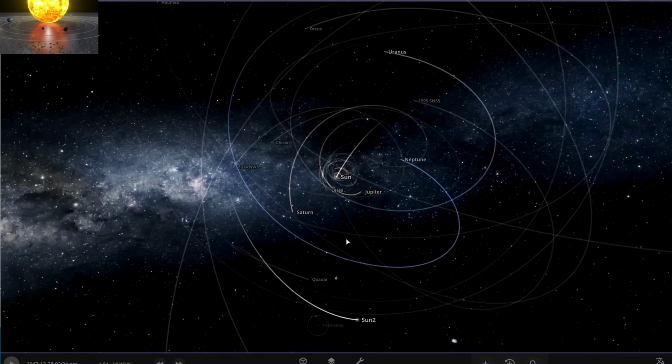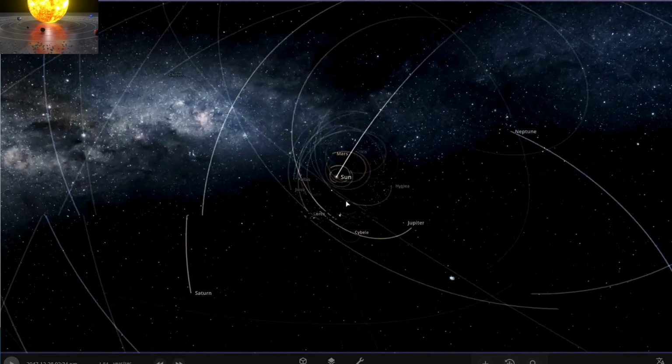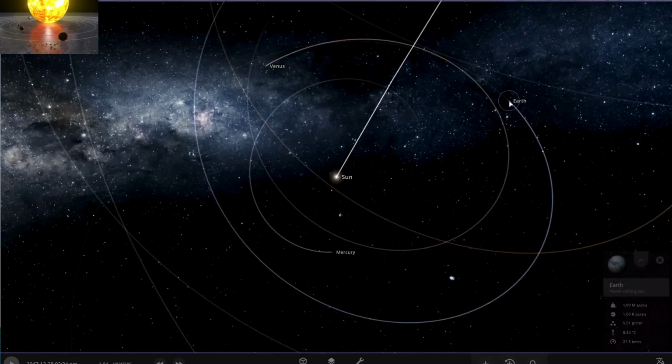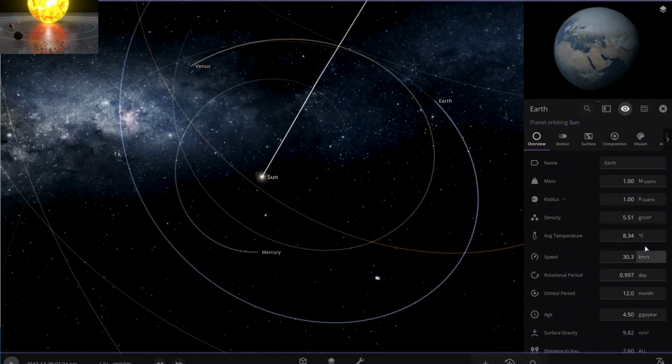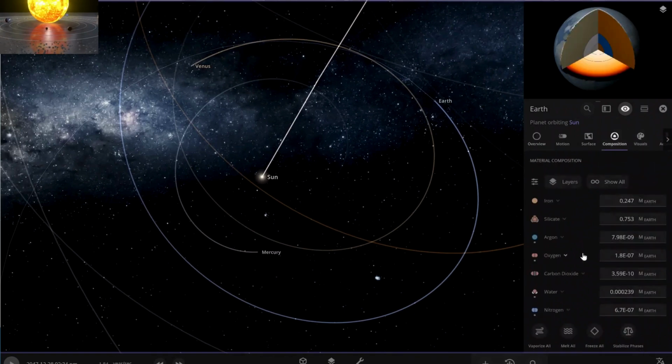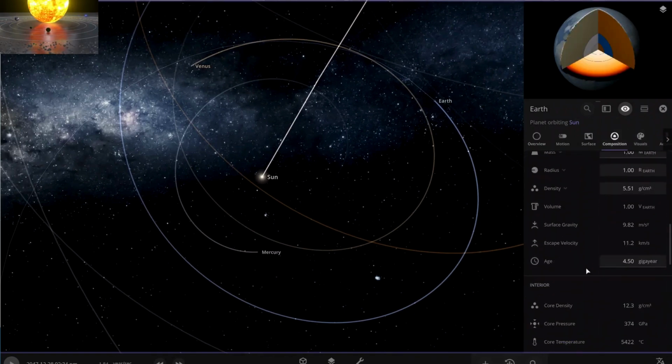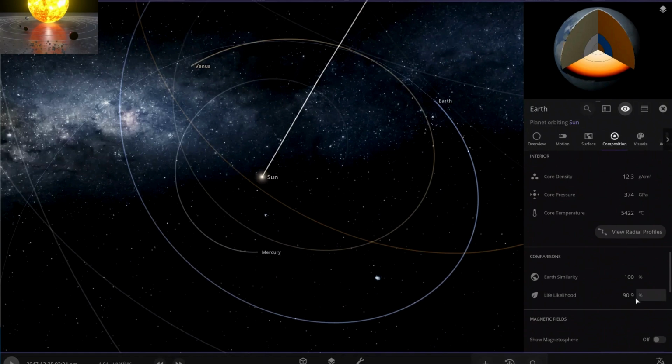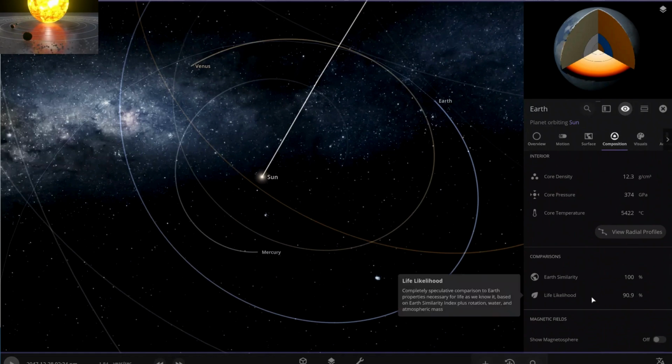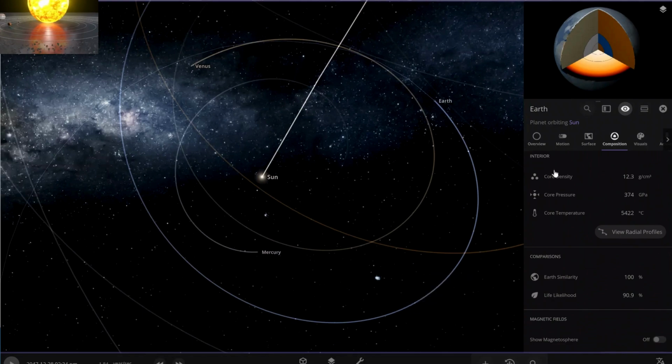So we have Sun 2, and as you can see, the Earth. What about the Earth situation for now? The Earth seems to be fine for now. The average temperature is the same, and the life likelihood has decreased a little, but it's still good.